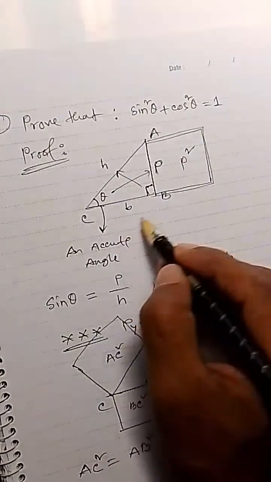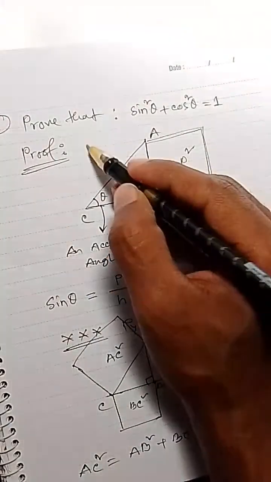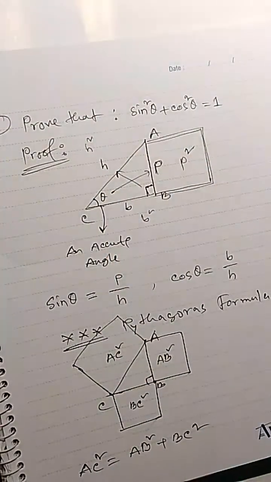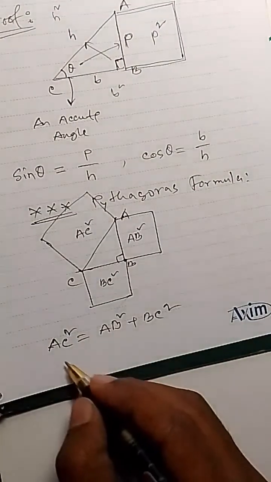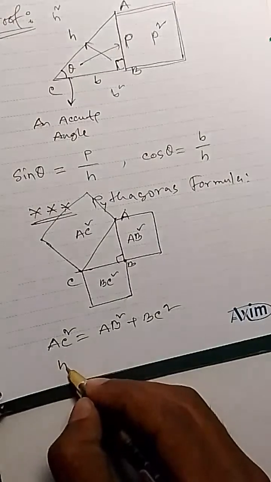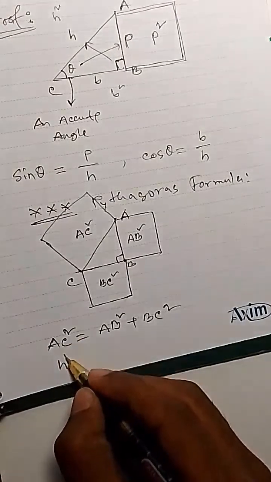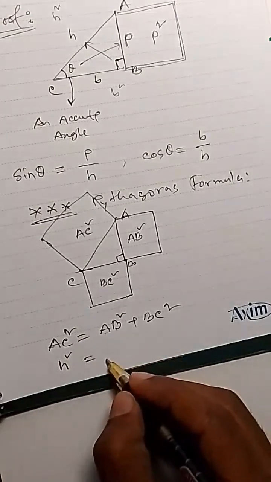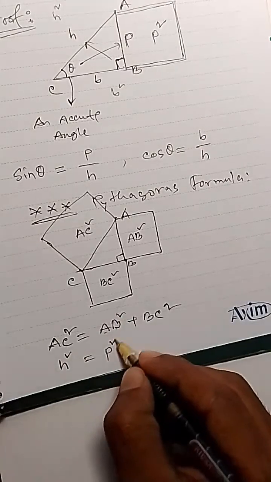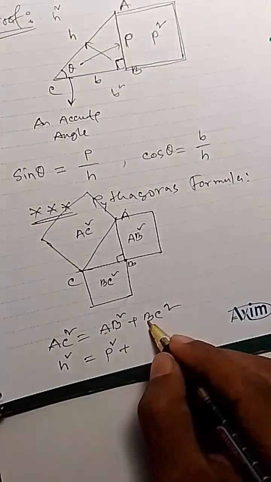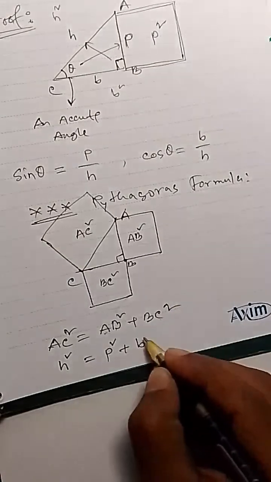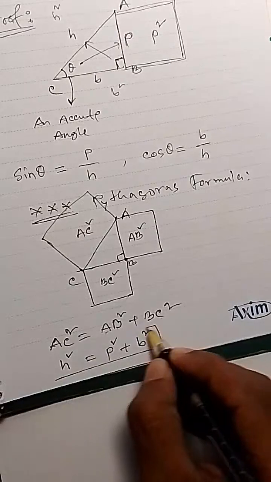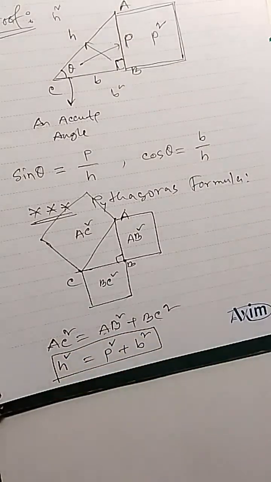Similarly, you have here AB square, and you have here AC square. So AC is nothing but h, so AC square is h square, AB is nothing but p, so AB square is p square, and BC square is nothing but b square. So we have this one, right?